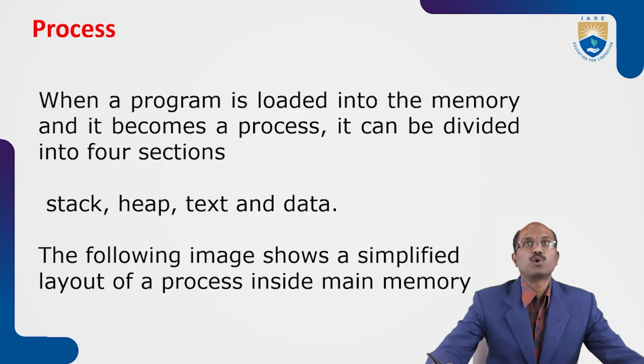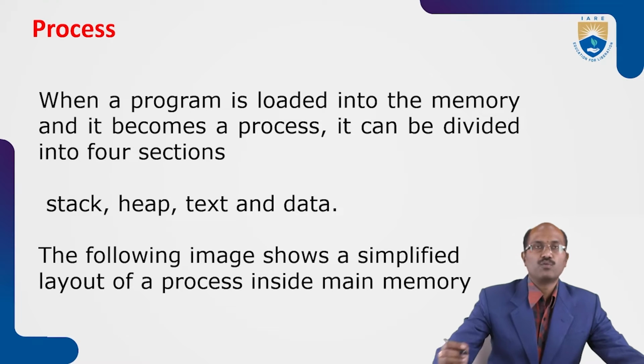When a program is loaded into the memory and becomes a process, it can be divided into four sections: stack, heap, text and data. I will show the image in the next slide, but now we observe that a process has four sections.